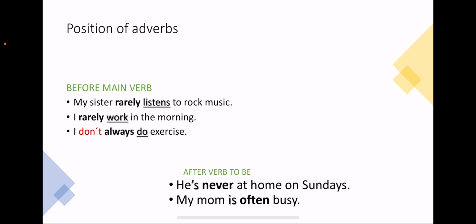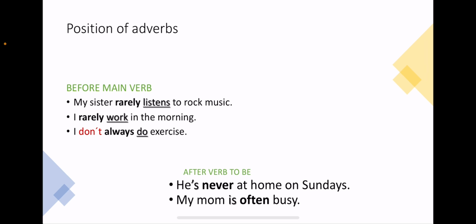Now, there are many more expressions that we can use apart from always, sometimes, often, usually, etc. And those are not adverbs, but they are known as frequency expressions, and they can also help us indicate frequency.